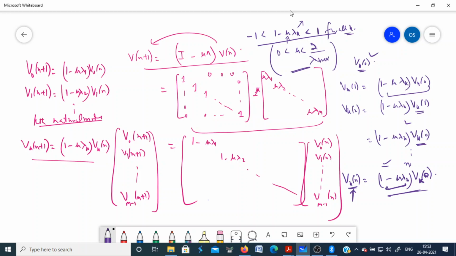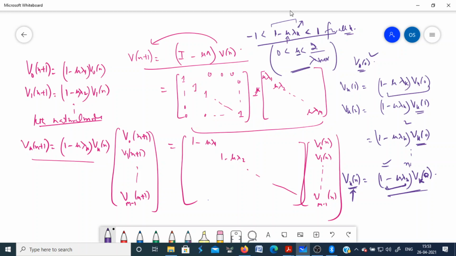See, when mu is 0, the upper limit will be 1 for 1 minus mu into lambda k. But mu should not be 0; it should be less than this. If mu is 0, there is no operation basically. If mu is very close to 0, then 1 minus mu lambda k may be very close to 1.